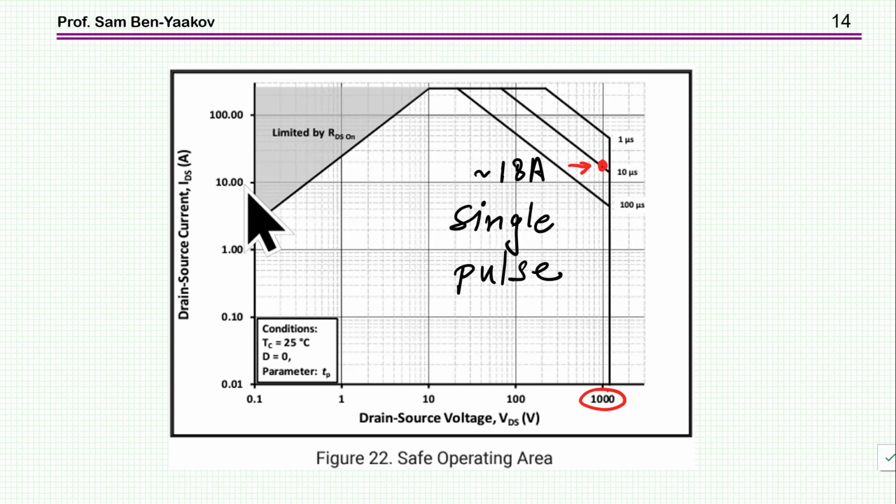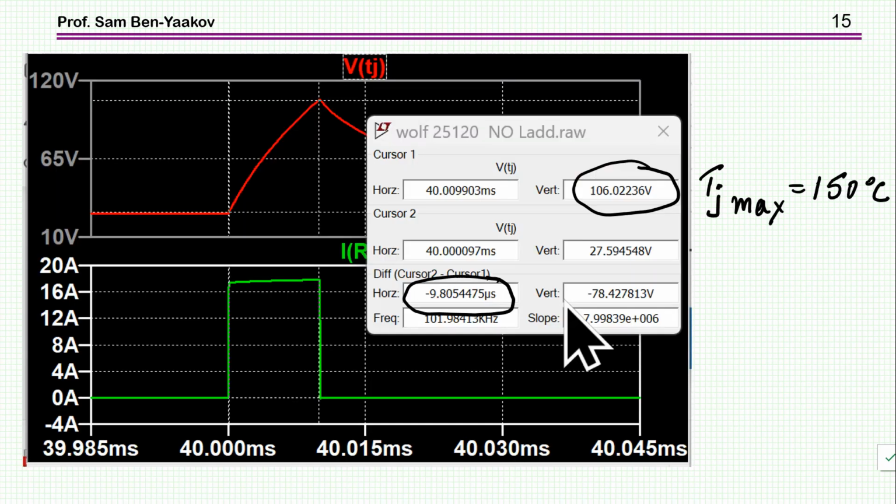This is 10, this will be 20, so it's about 18 amp. Now I can simulate this case with the model, and here is the pulse. The single pulse starts from 25 degrees going up to 106. This is a 10 microsecond pulse.